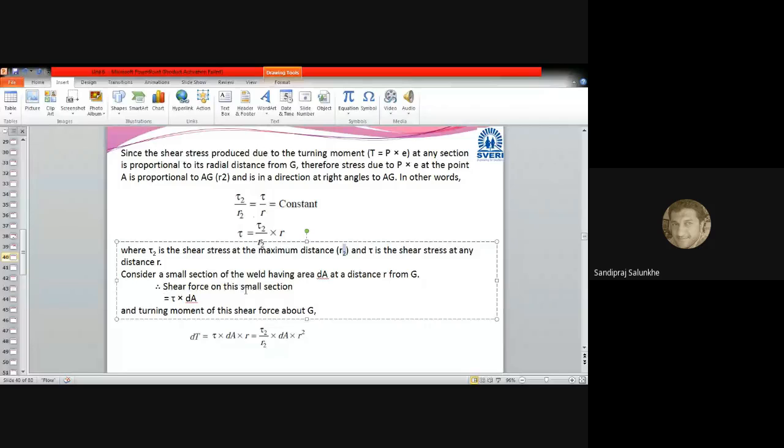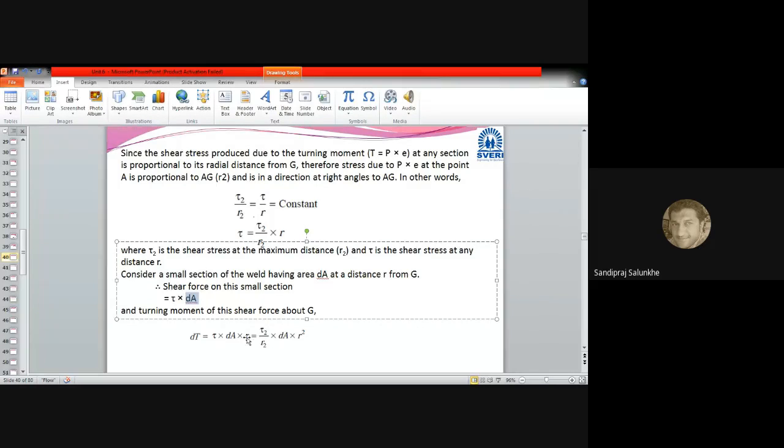So the shear force acting on that will be tau, the shear strength, multiplied by the area, that is dA. And the turning moment of this shear force will be tau into dA, that is the force, multiplied by R, the distance from the CG.